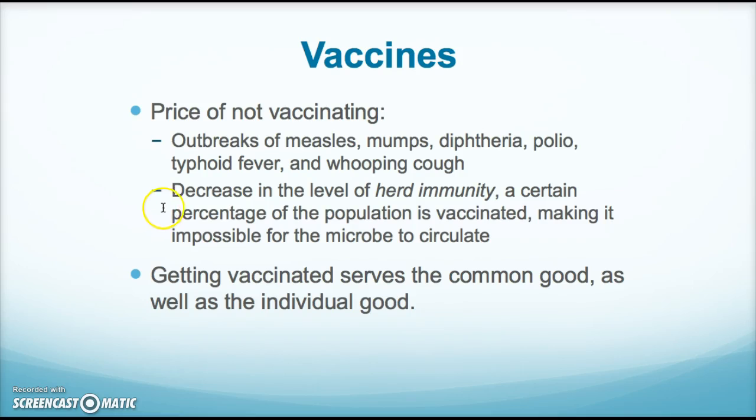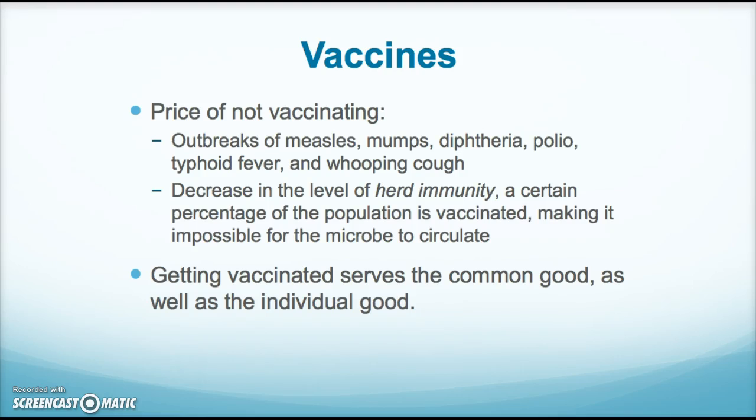And it's important, even if we're not one of the vulnerable populations, that we do herd immunity, which means that if a certain percentage of the population is vaccinated, it would be impossible for a microbe to circulate. And this is really important when we look at people who have immune suppression or young children that are not old enough to get vaccinated.